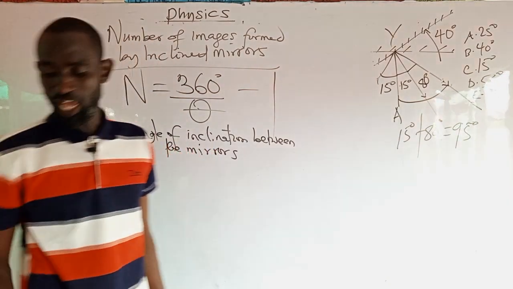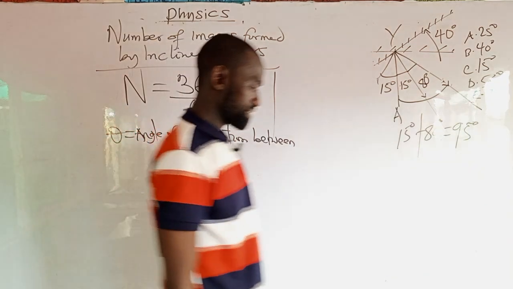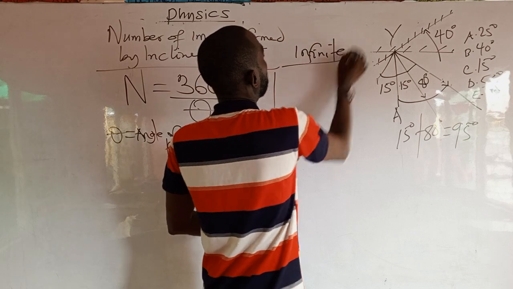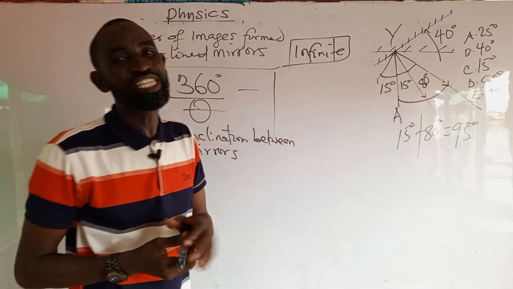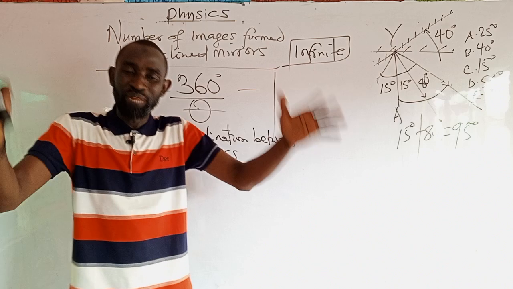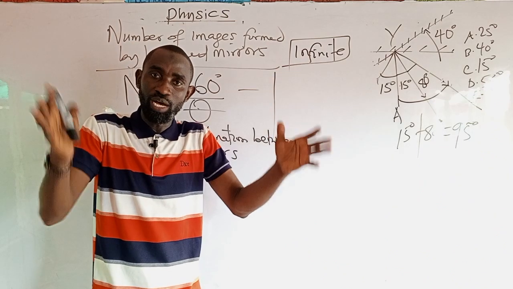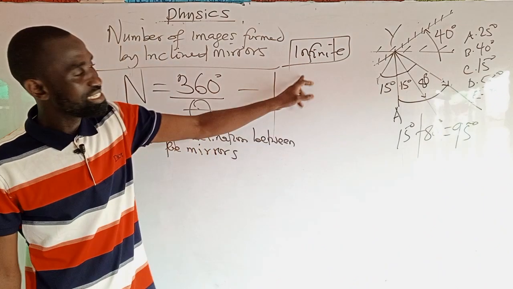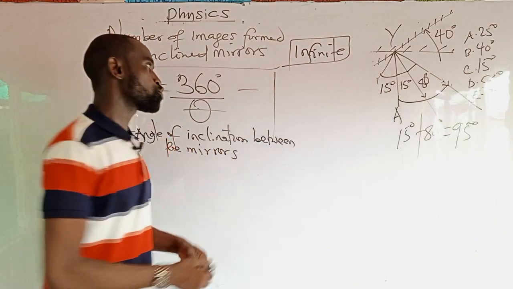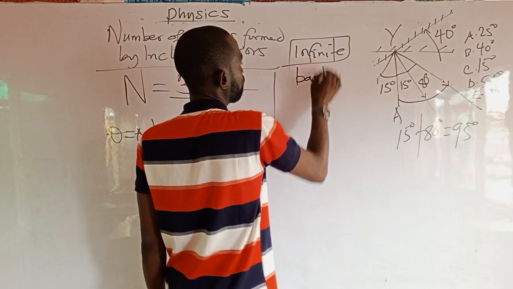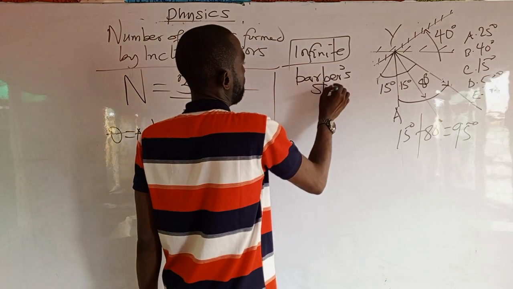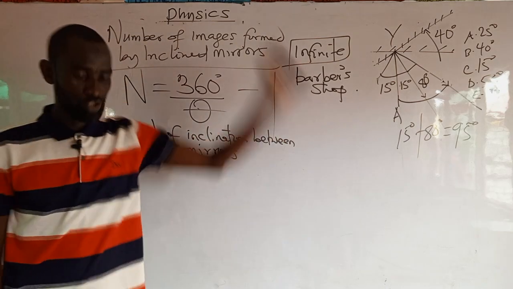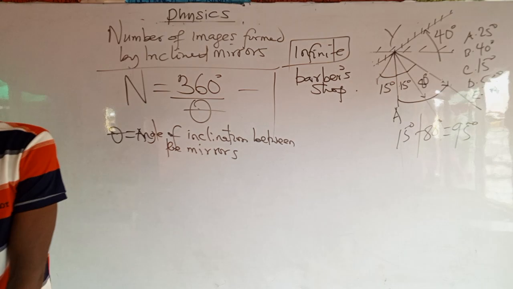The number of images formed is infinite, because the mirrors are placed parallel to each other. Anywhere you see mirrors placed parallel to each other, the number of images formed is infinite. Take note of that. Barber shop. Are you with me? So whenever they ask you the question, just pick two things. It's as simple as that.